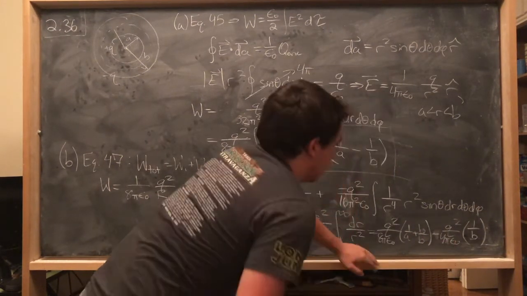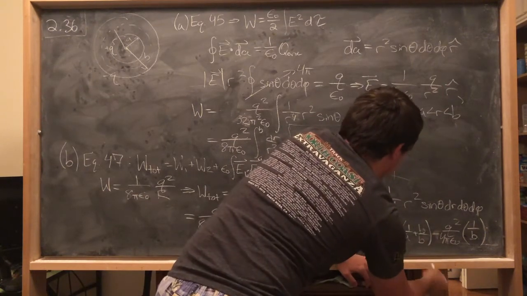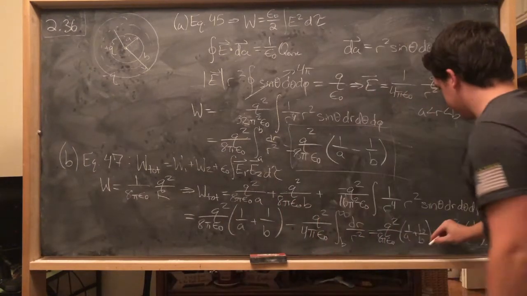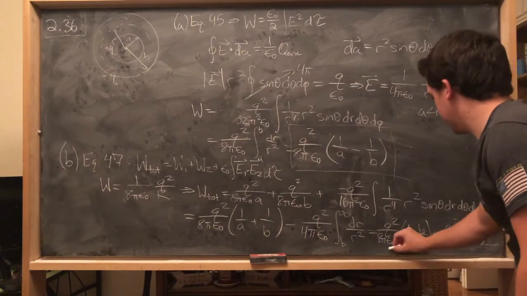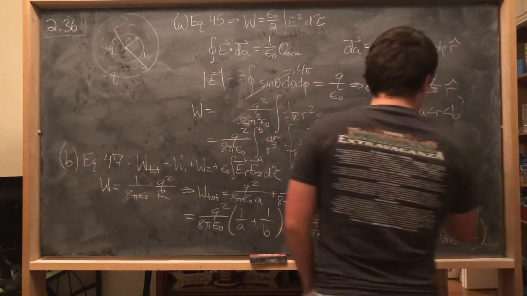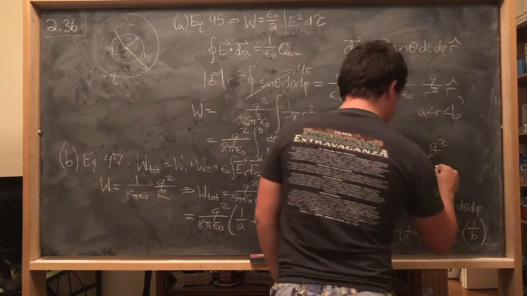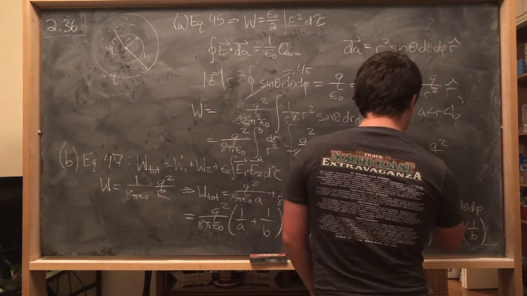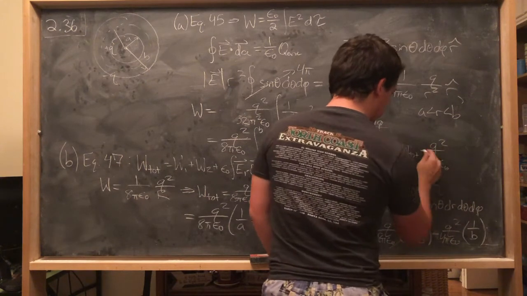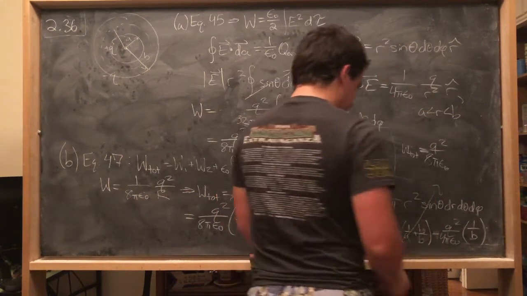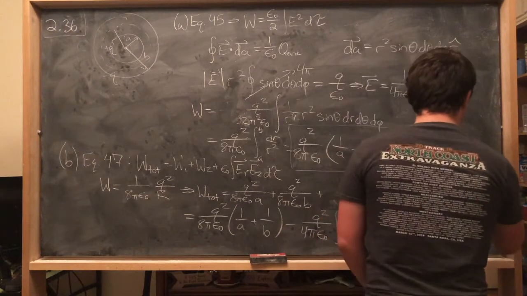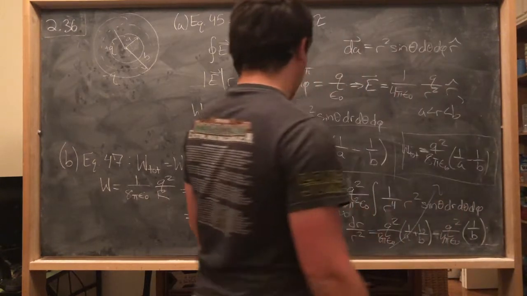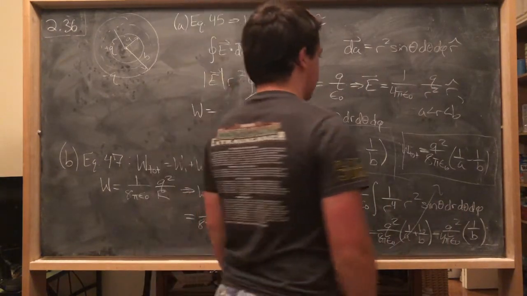And so then this would be basically 1 over B minus 2 over B, which is going to give us negative 1 over B. And so then this will become Q squared over 8 pi epsilon naught times 1 over A minus 1 over B, and they're the same.